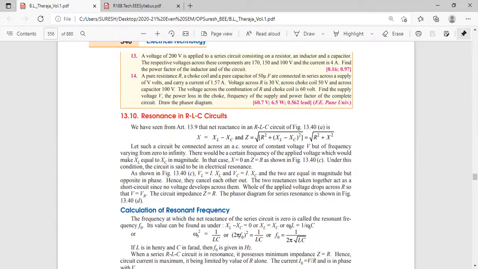Hello, sir. Sorry. See here. Now I'll start the resonance. Actually, series RLC resonance. In your syllabus, we are having series RLC resonance. I think we had the series RLC circuits.